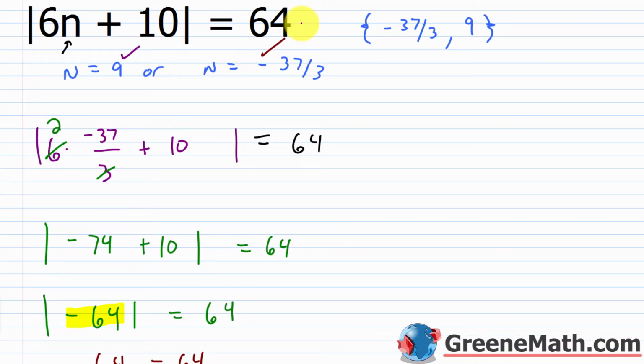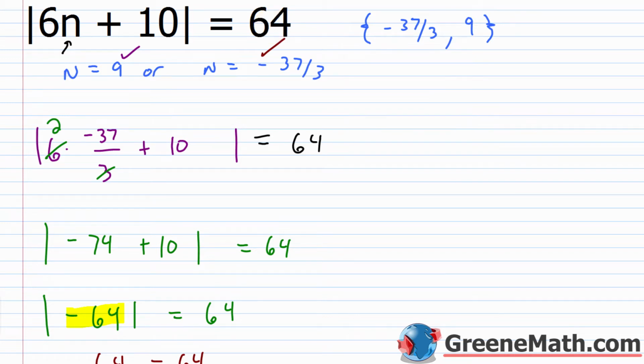And again, it's an important insight to understand why these two solutions work. Again, when I plugged in a 9 here, I got positive 64. Took the absolute value, I got 64 equals 64. When I plugged in a negative 37 over 3 in for n, I got negative 64. Took the absolute value of that, I got positive 64. So it might be still a little bit confusing, but we're going to work a lot of examples here.